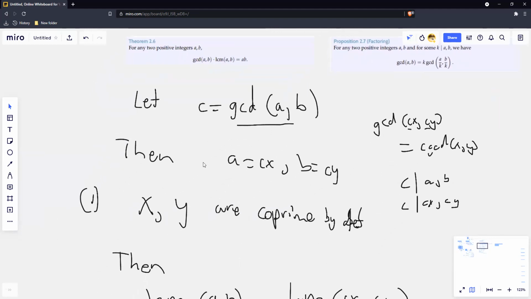Then we have X and Y are co-prime by the definition of GCD. GCD stands for the greatest, not any number. It's the greatest common divisor.